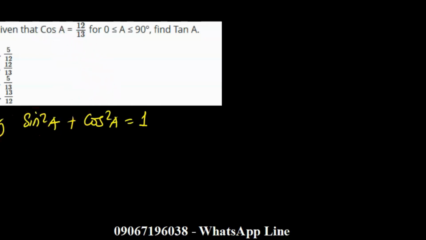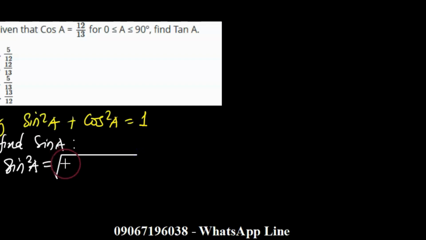So to find sine A, sine square A is going to give us 1 minus cos square A, because we move this over here to make this substitute formula.